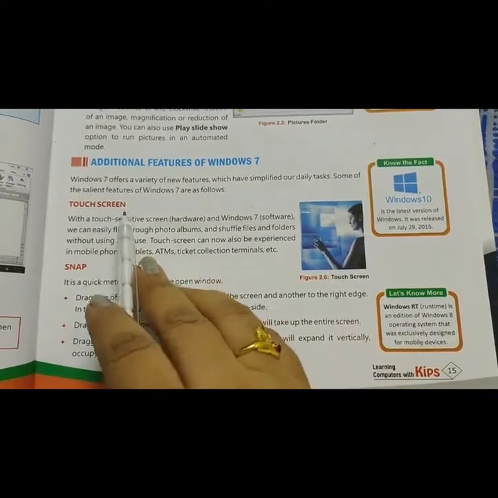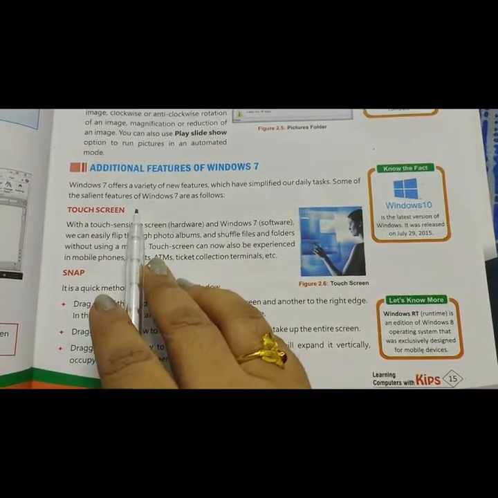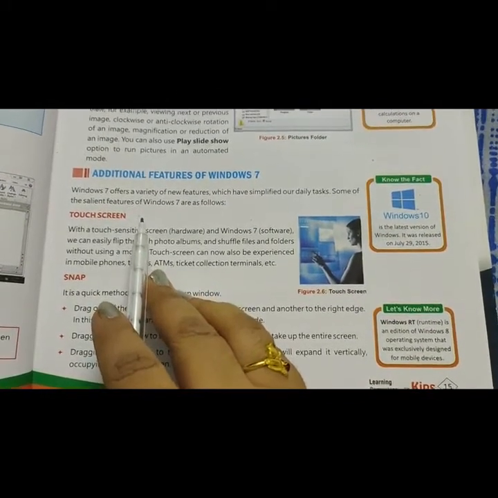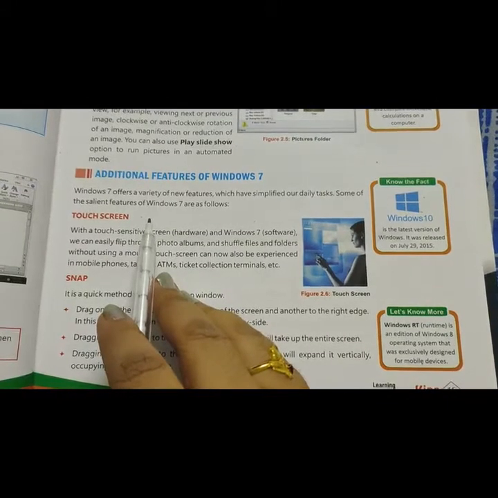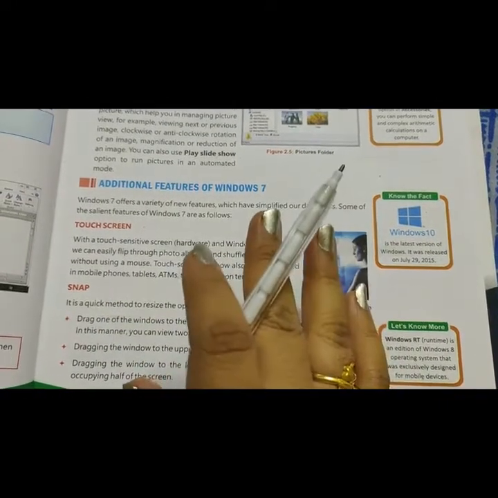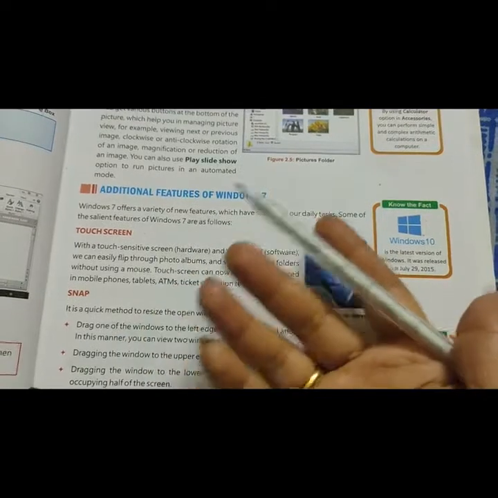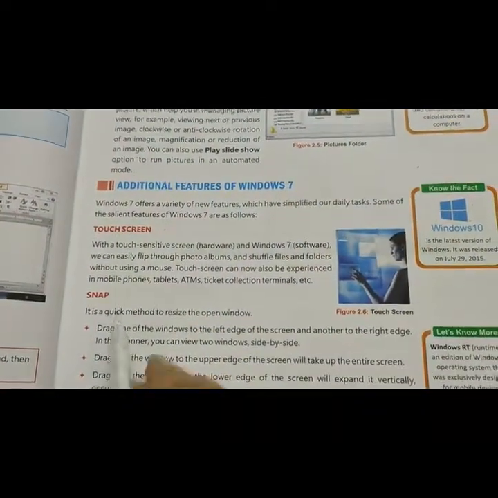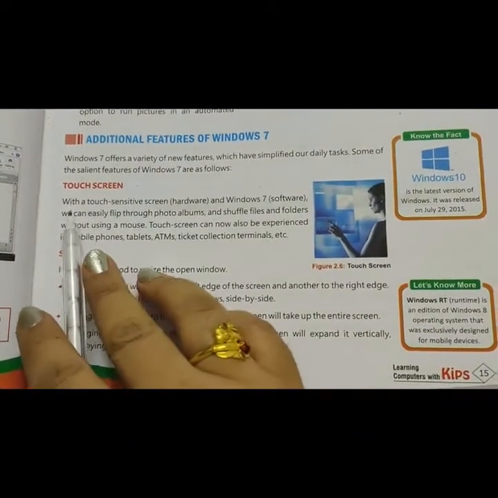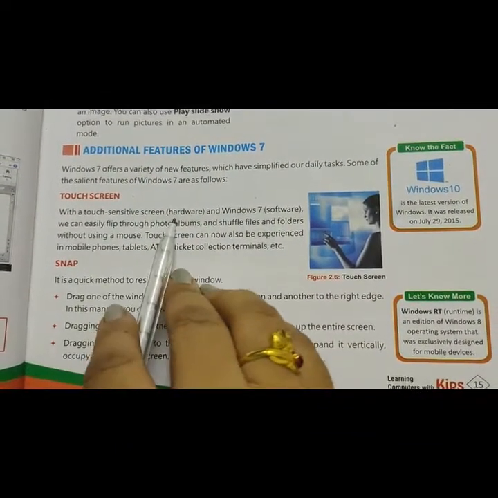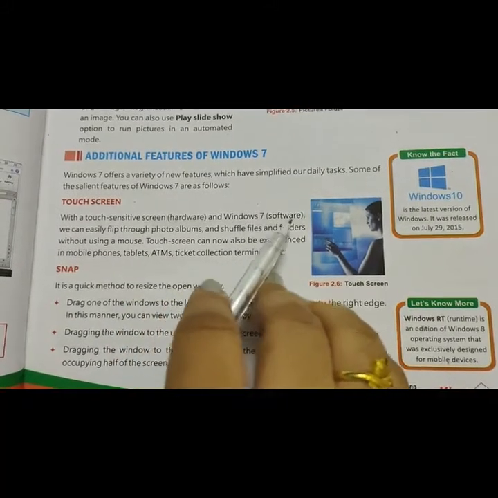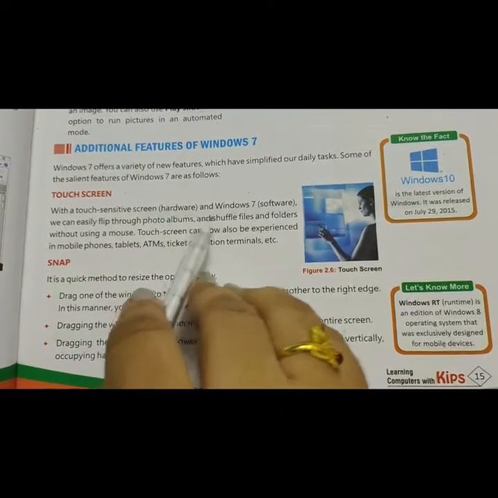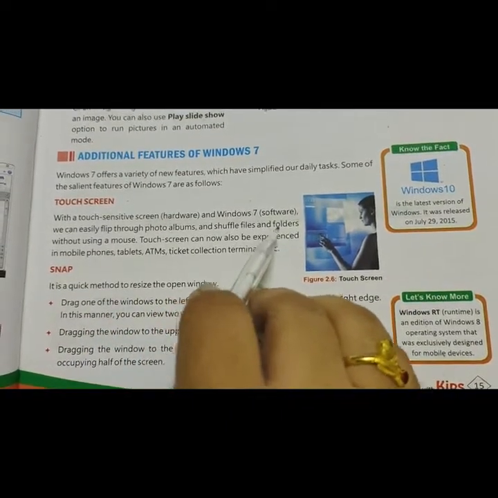Touch screen. You all know the touch screen you have seen in your Android phones, some tablets, and some computers, where you touch your screen and can use any feature of that appliance. With the touch sensitive screen hardware and Windows 7 software, we can easily flip through photo albums and shuffle files and folders.